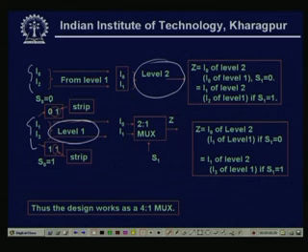So, here S0 equal to 0. When S0 equal to 0, then I0, I2 is passed to the second level input. When S0 equal to 1, then I1, I3 is passed to the second level.